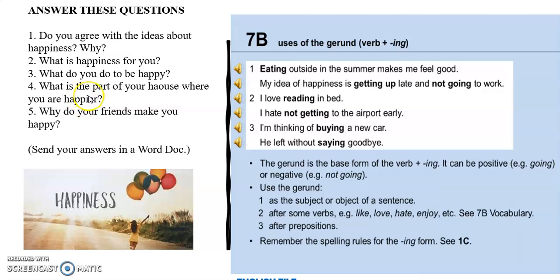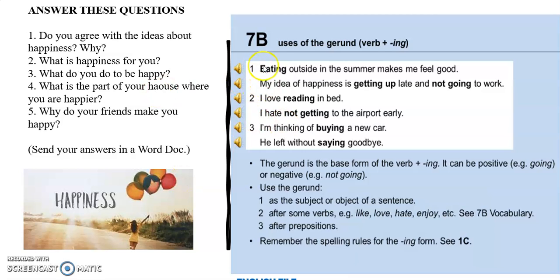Are you happy or happier in your bedroom, in the yard, in the garden? Well, you have to explain this question. Finally, number 5, why do your friends make you happy? So you have to answer these 5 questions and send the answers in a Word document to my email.